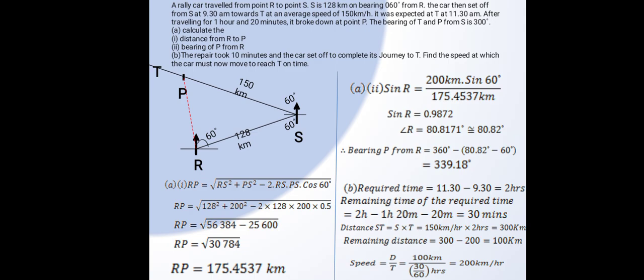It was expected at T at 11:30 a.m. After traveling for 1 hour and 20 minutes, it broke down at point P. The bearing of T and P from S is 300 degrees. Calculate the distance from R to P, and the bearing of P from R. The repair took 10 minutes and the car set off to complete its journey to T. Find the speed at which the car must now move to reach T on time.